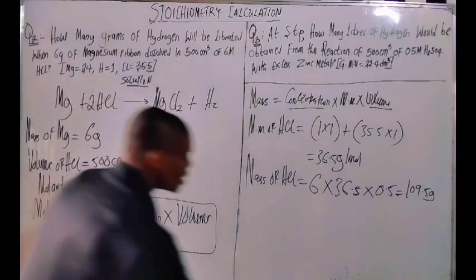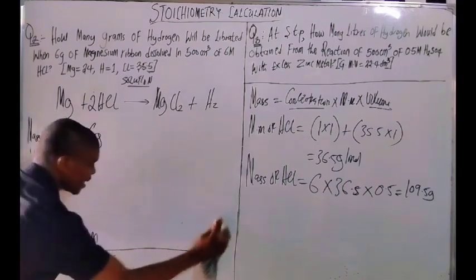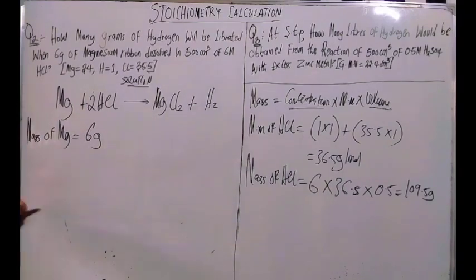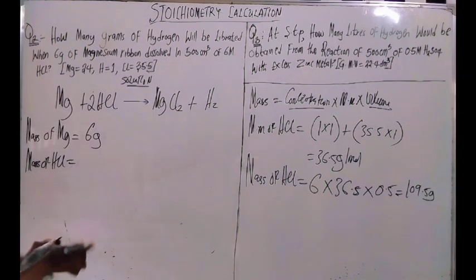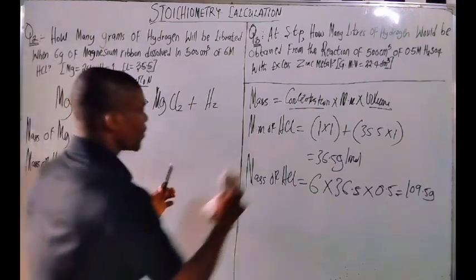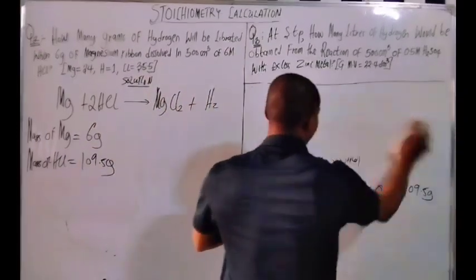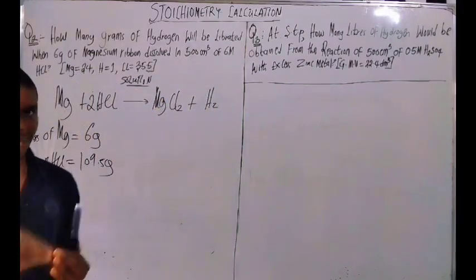Since I've got this, I'm going to wipe everything out. All these are not needed again. I'll just write out the mass of HCl is equal to 109.5 grams. This is where the calculation now starts from.